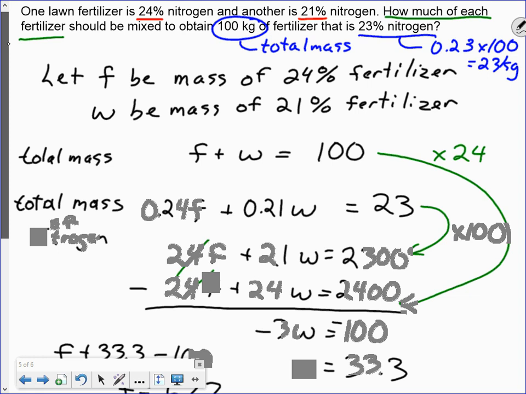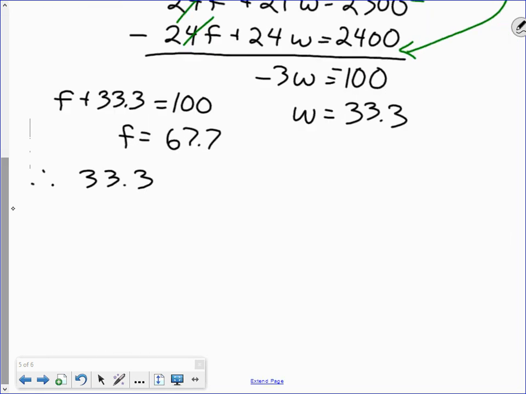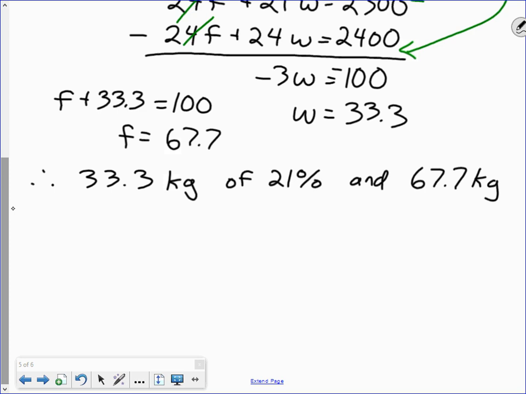How much of each fertilizer should be mixed? W is the mass of 21%, so 33.3 kilograms of 21%. And what's our value for F? 67.7 kilograms of the 24% nitrogen fertilizer.